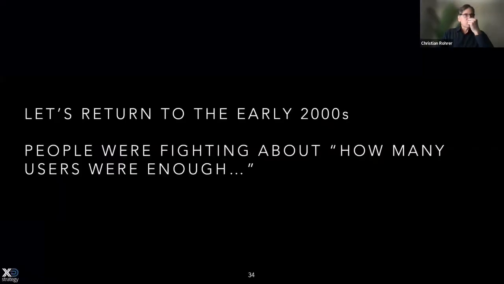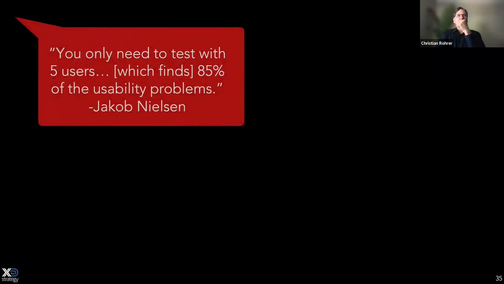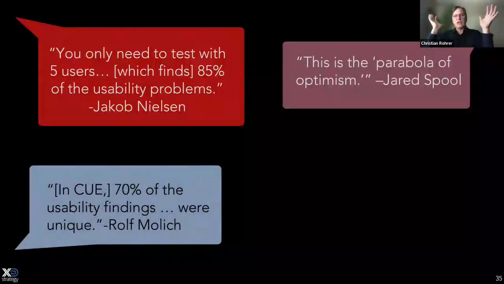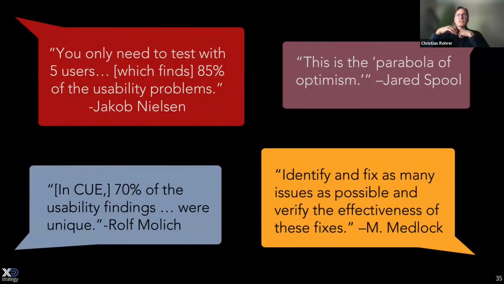So I'll tell you a little story about why this all happens or has happened. I'm going to go back to the early 2000s. And the kinds of discussions that were happening were these. Everybody was fighting about, you only need 5 users to test with. And then others would say, well, that's a parabola of optimism. That was Spool's stance on that curve that I just showed you.